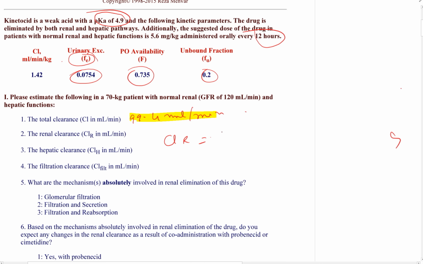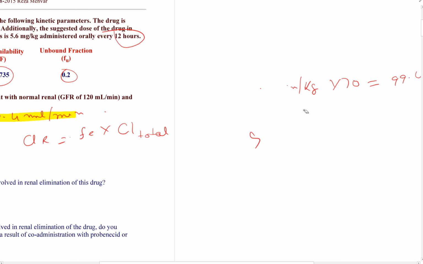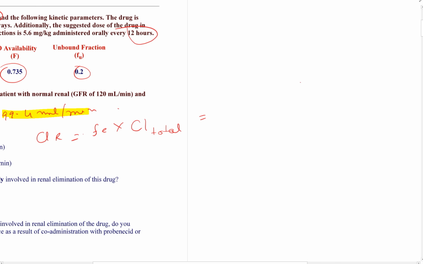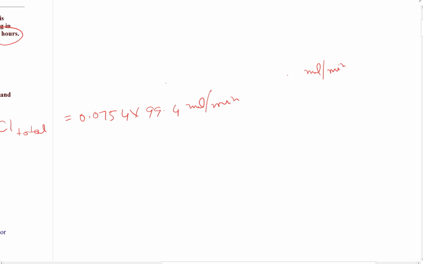CLR is equal to Fe times CL total, which is 0.0754 times 99.4 milliliter per minute, which is going to be 7.49 milliliter per minute.